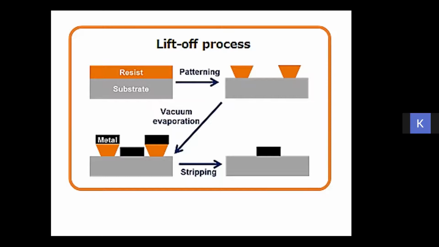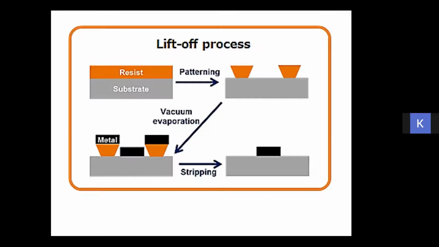So only the metal that is on the wafer, which is deposited through the window, remains there. And this process is called lift off. Though this is also not a very easy process whenever you are going to very small dimensions. That means whenever you are working in the region of 100 nanometers or less, this lift off process is very crucial.